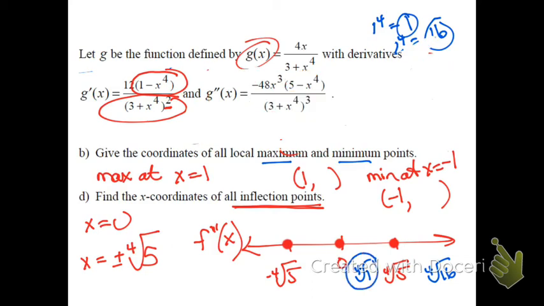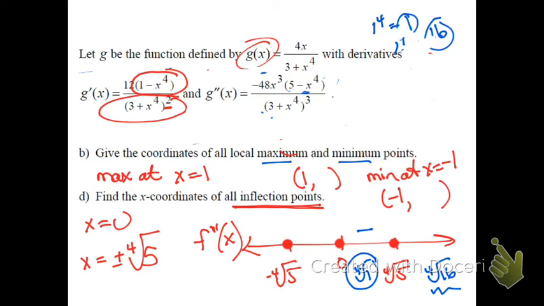If I plug in the 4th root of 1, or 1 for that matter, then this is negative, this is positive, and this is positive. So that's going to be a negative. If I plug in the 4th root of 16, keep in mind, the 4th root of 16 is 2, okay?